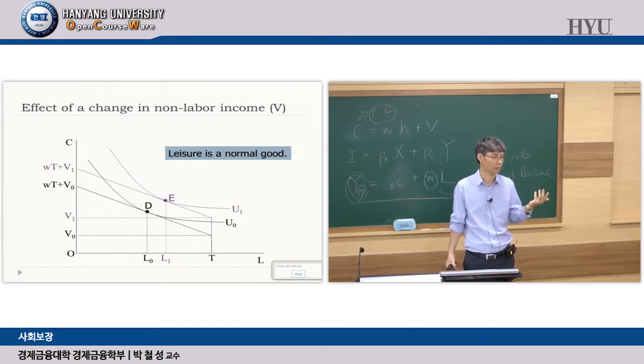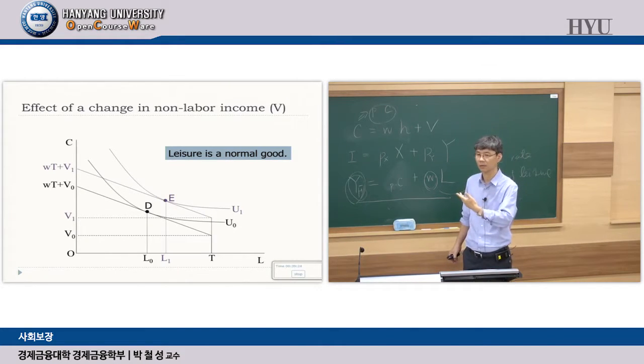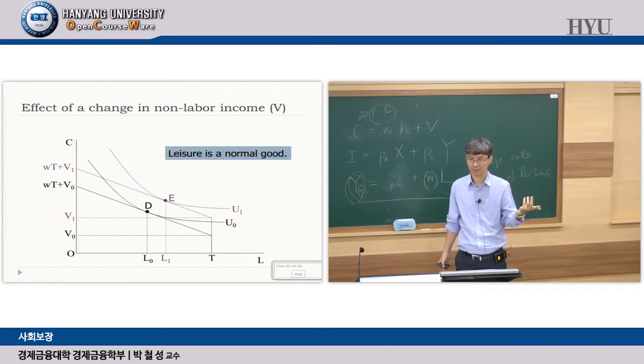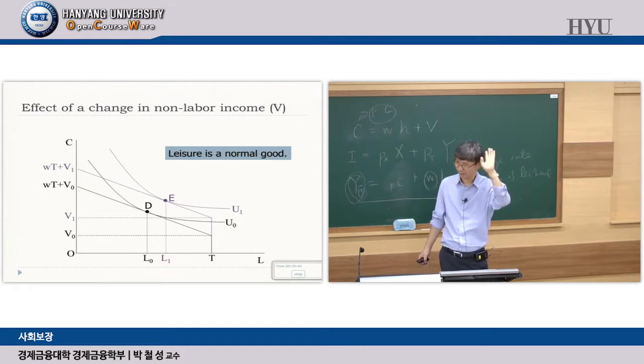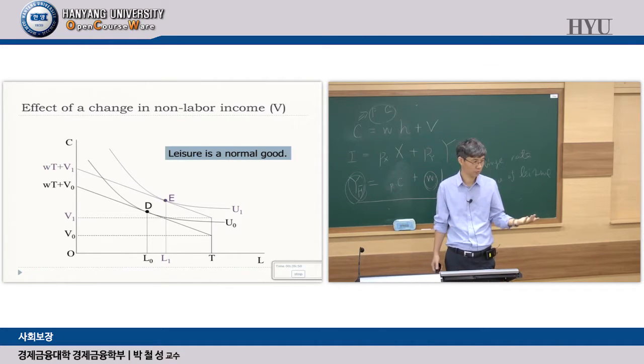This model says if the government gives you more cash transfer, then individuals are likely to work less. That's how we are going to use it. Not the $1 billion fantasy. We're going to use it to explain what happens if, let's say, a cash transfer program changes.